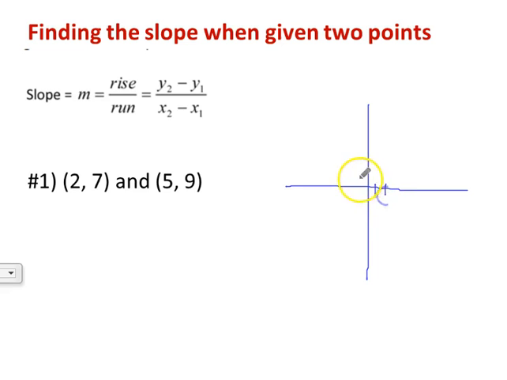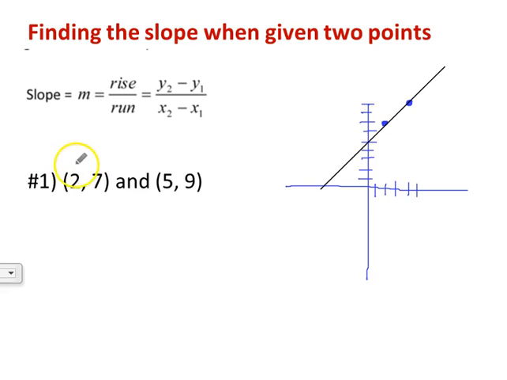So 2, and up 1, 2, 3, 4, 5, 6, 7. There's our first point. Our second point is 5, and up 9. So what we're trying to do is find the slope of the line that goes between those 2 points, the line that goes through those points.